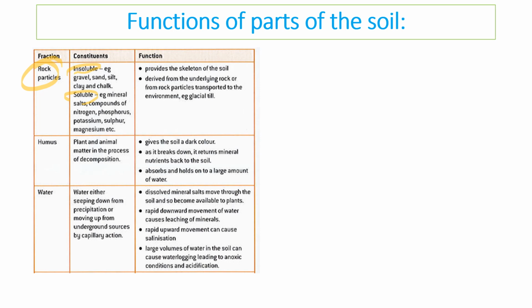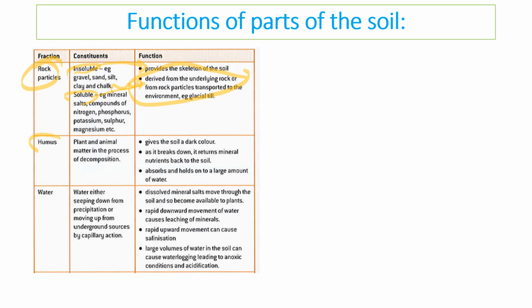The insoluble bits provide what we call the skeleton of the soil. They hold the soil together, and the solubles are released into the environment so they can be used in the ecosystem. Underneath all the rock, there's the bedrock, which holds the ecosystem in place.